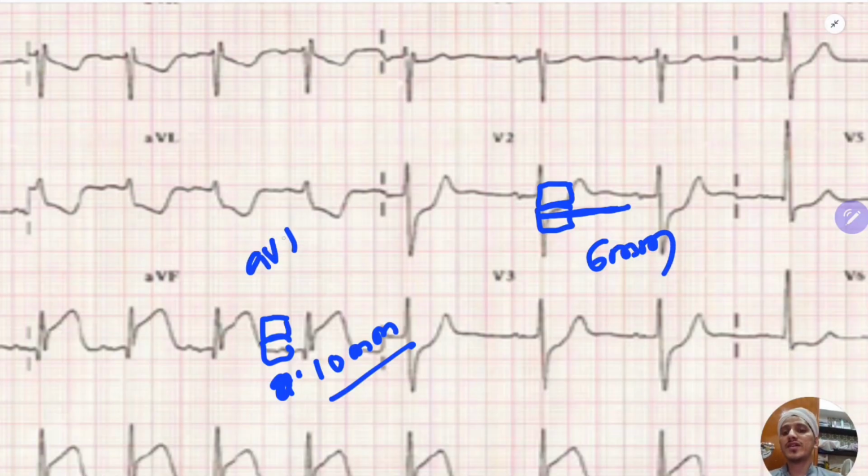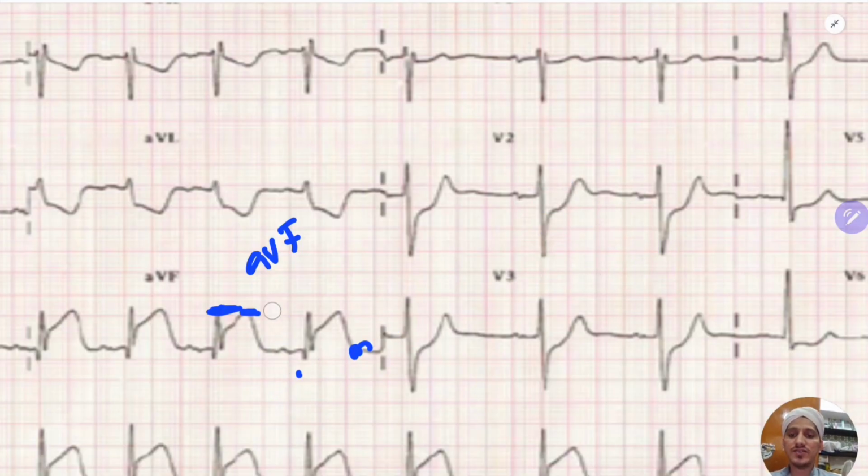In AVF, you don't take this point, and you are not taking this R wave to see the voltage. You take the ST segment, J point to the maximum point of the ST segment. So AVF is 10 mm elevation and V2 has depression of 6 mm. So that criteria is also fulfilled here, and in V4 that is also fulfilled.